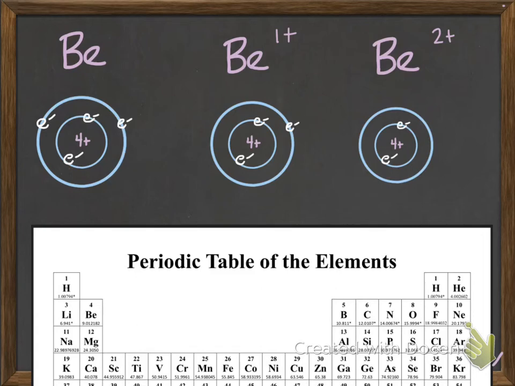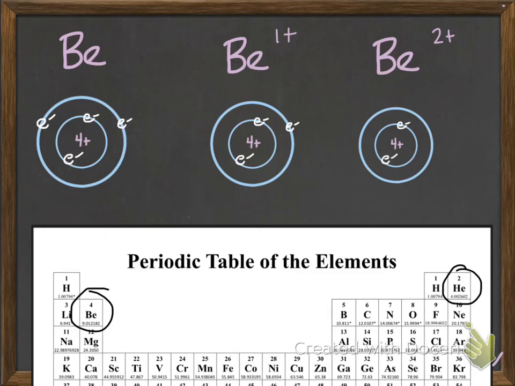So let's talk a little bit about removing a second electron. This is beryllium, right there, and in order to have a noble gas configuration, beryllium would have to lose 2 electrons. We said it takes energy to remove an electron. Do you think it takes more or less energy to remove a second electron?